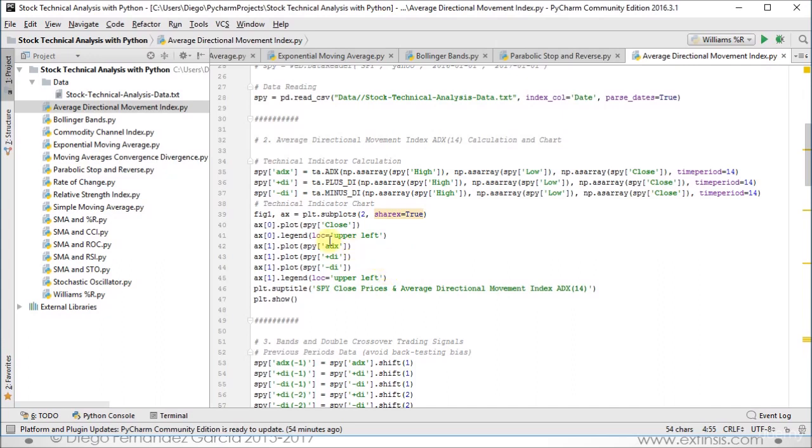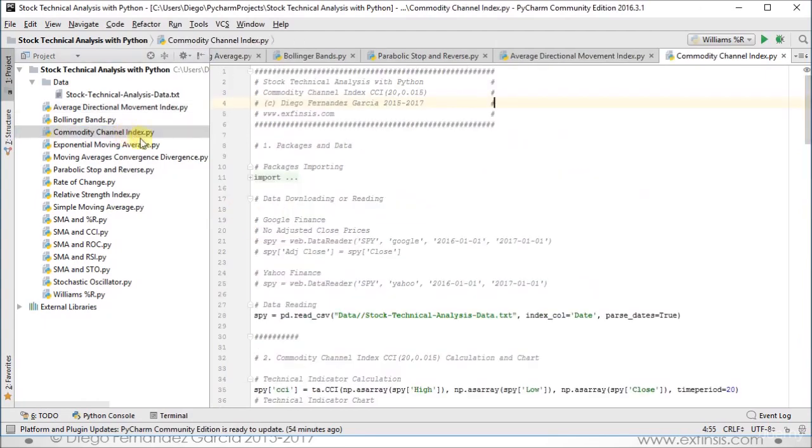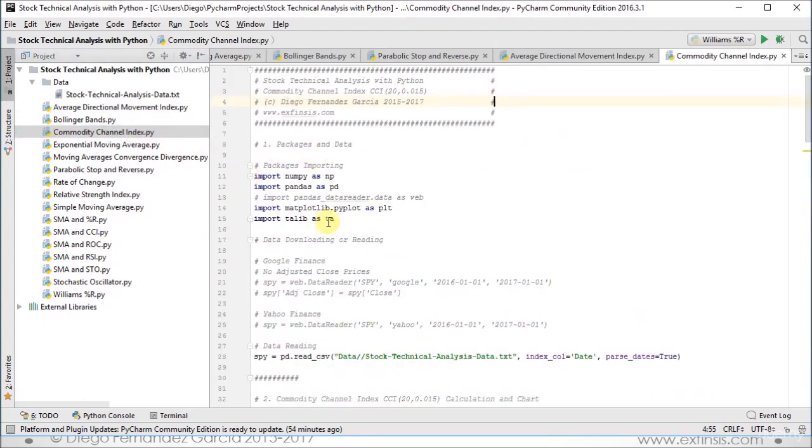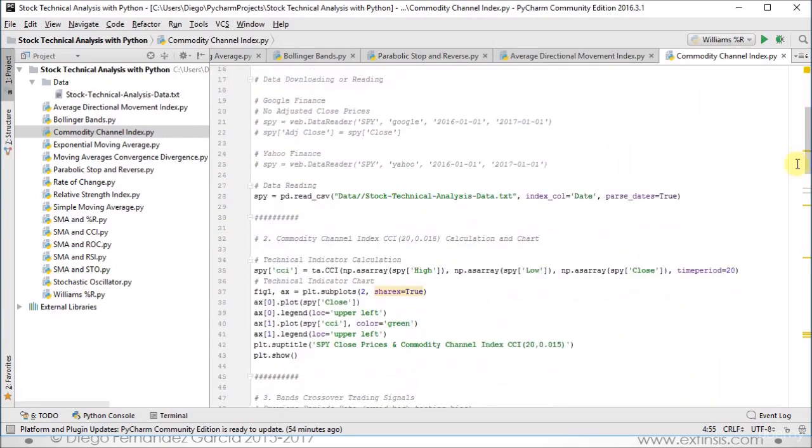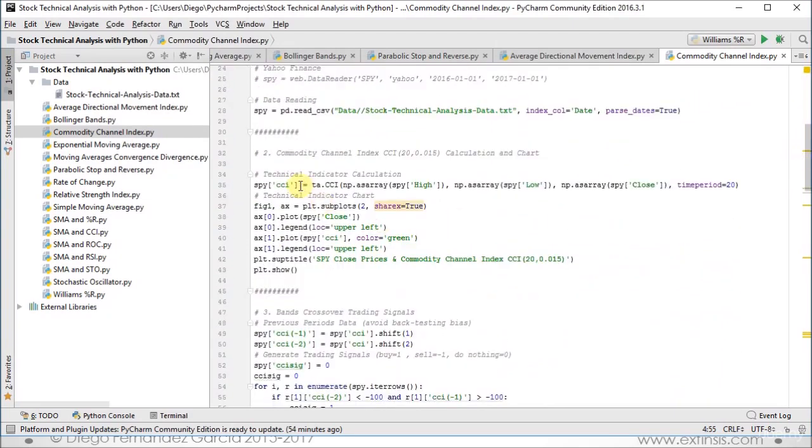Next, we'll study the commodity channel index. Again, we'll do our packages importing, data reading by default, and then we'll proceed to do the calculation of the commodity channel index and then do the chart with those prices, and then again we'll have that secondary chart in which we'll see the oscillator.